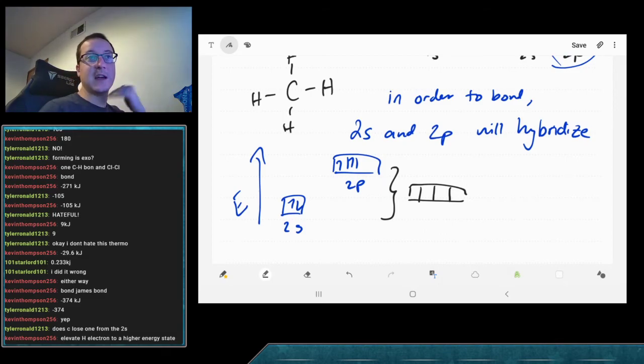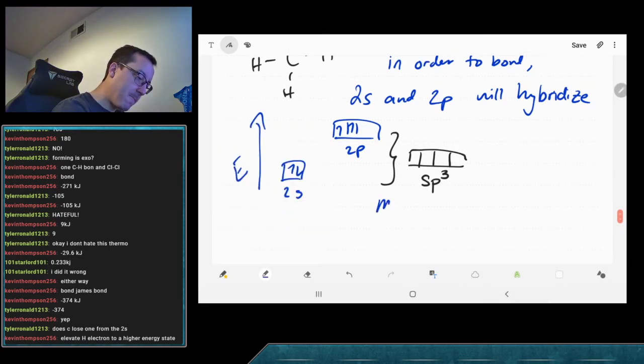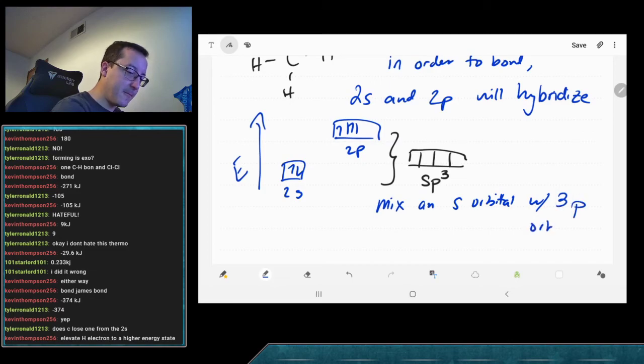So while the 2s electrons were lower energy than the 2p electrons, we're actually going to make what are called sp3 hybrid orbitals for this particular molecule. So we're going to mix an s orbital with 3 p orbitals. And that's how we're going to get this sp3 thing.